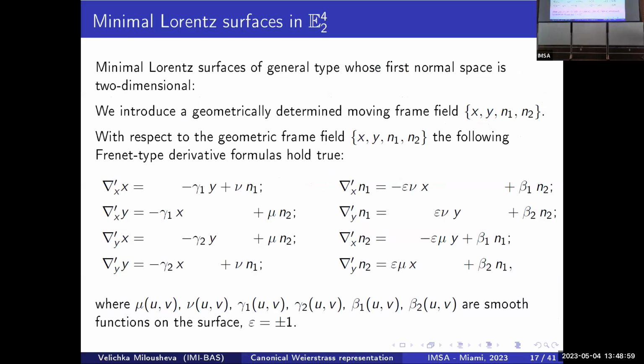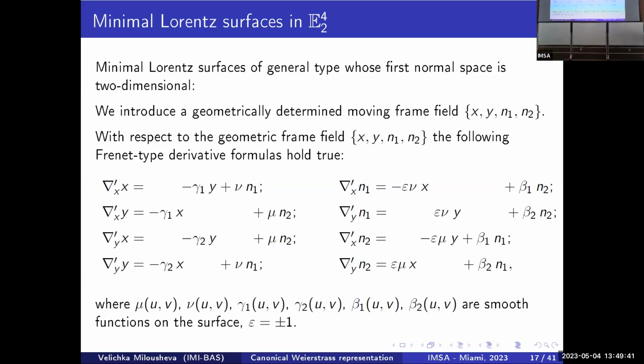And for this class of surfaces, we introduce special parameters, which we call later canonical parameters, and find a geometrically determined moving frame field x, y, n1, n2, which is determined by the canonical directions. x and y are tangent vector fields, collinear with the two canonical directions; n1 and n2 are normal vector fields, again determined by the canonical directions. With respect to this geometric frame field, we have the following Frenet-type derivative formulas, which you see on the screen.